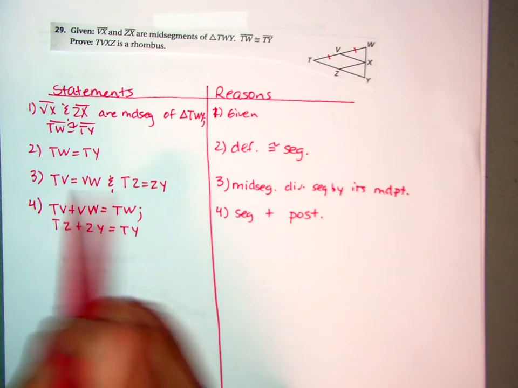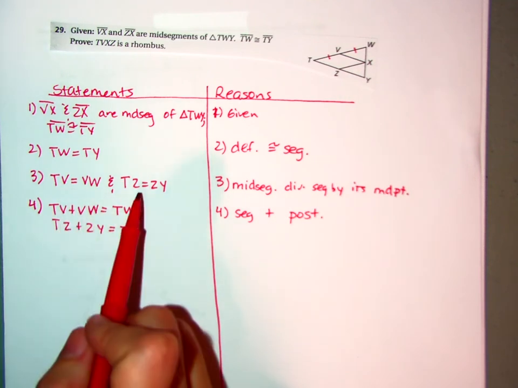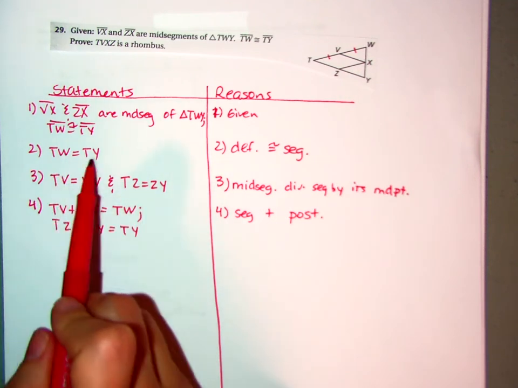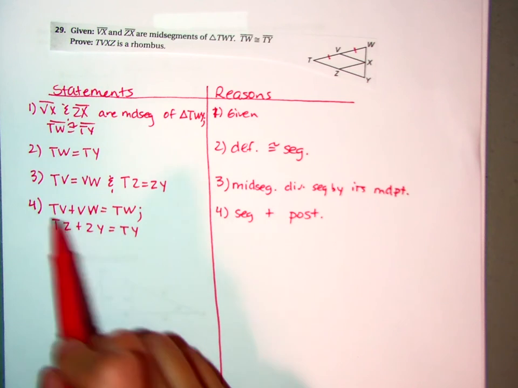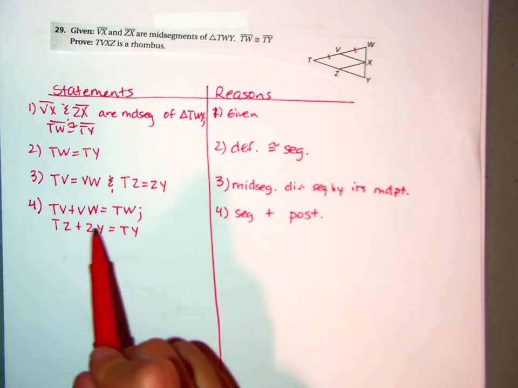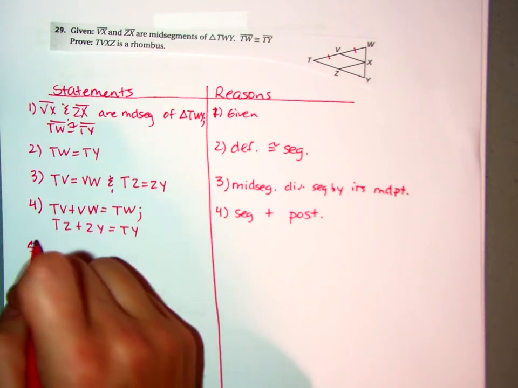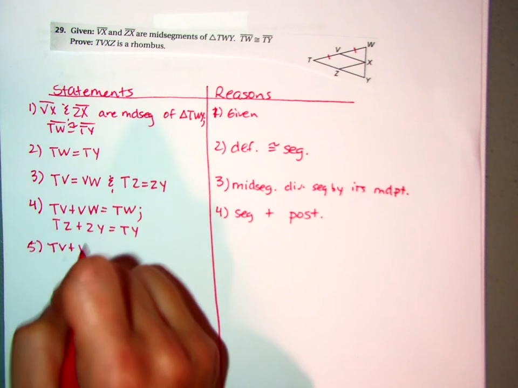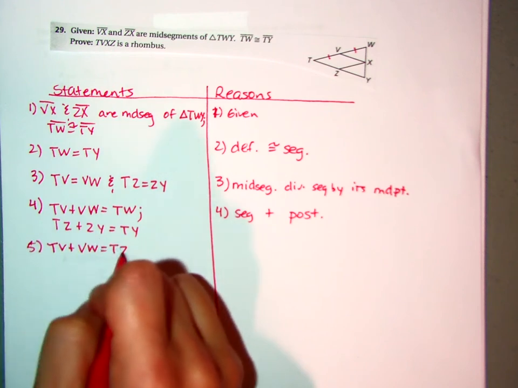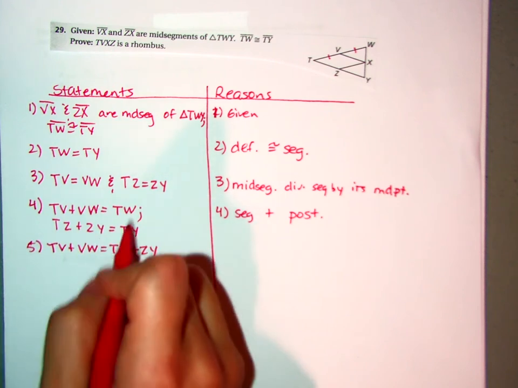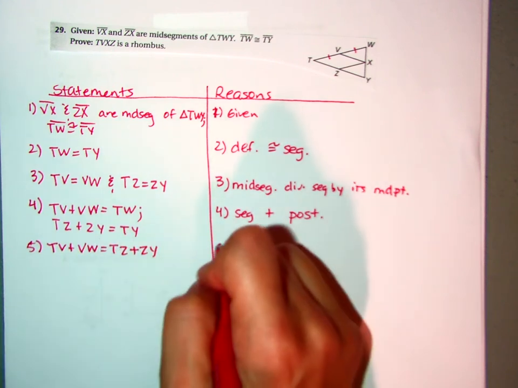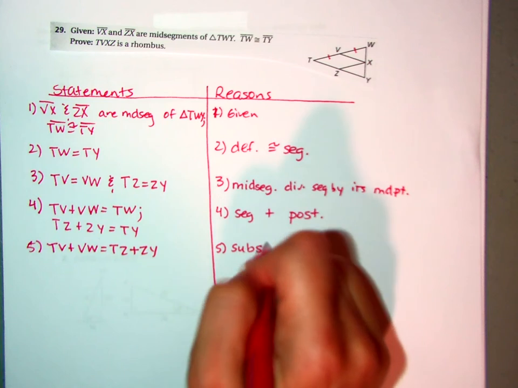Now, since I have these pieces up here, notice that these two are the same. So these two are the same. So I can set this equal to this. And then what that gives me is TV plus VW is equal to TZ plus ZY when I set them equal to each other. That's just substitution.